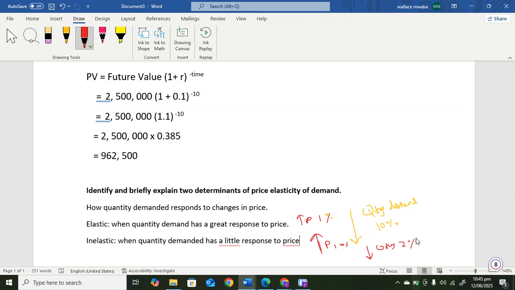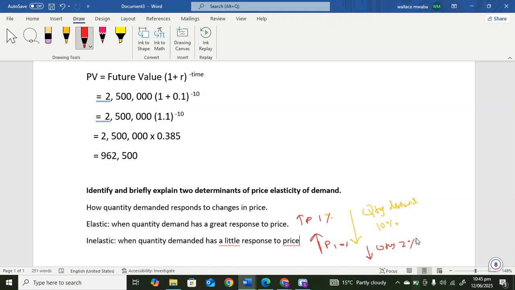We're looking at this question here for price elasticity of demand. We said price elasticity of demand is how quantity demanded responds to changes in price, and it can be of two forms.